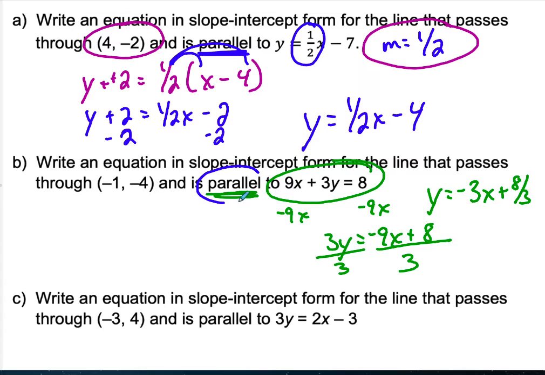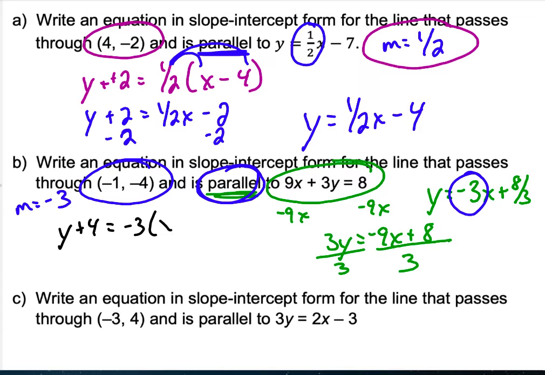We just care that our line is going to be parallel to it, which means we need to take that same slope. So m is negative 3, but it's going to go through these points instead. So I put it in my point slope form. So y plus 4 equals negative 3 times x plus 1.